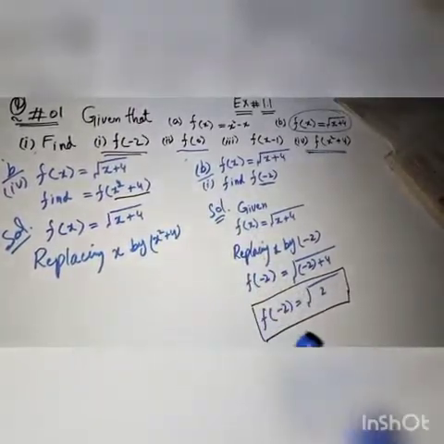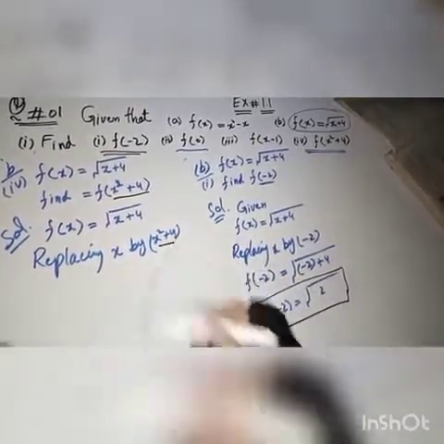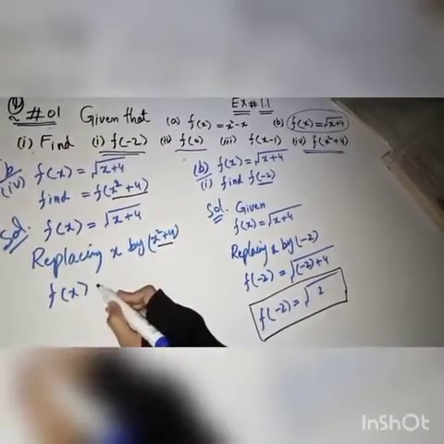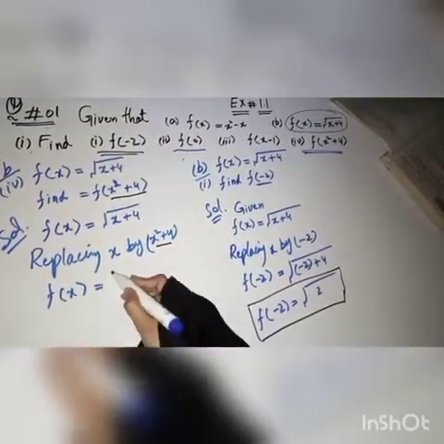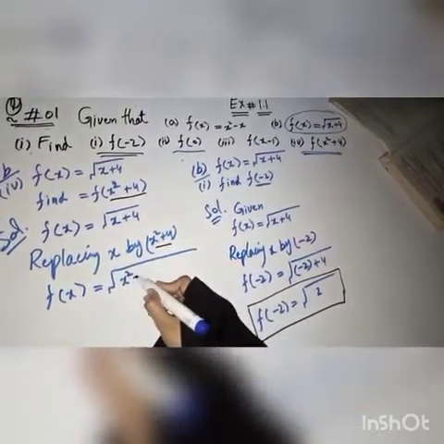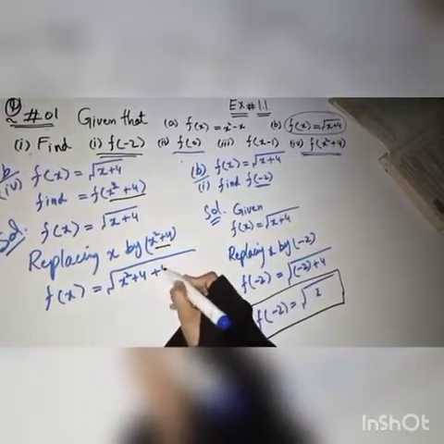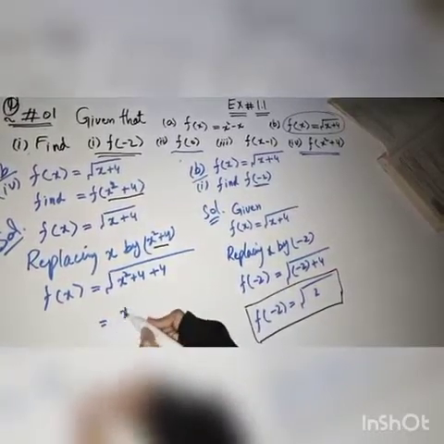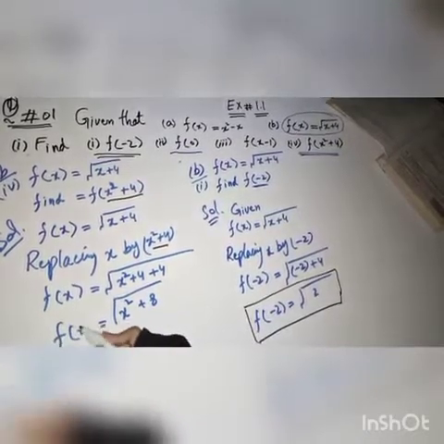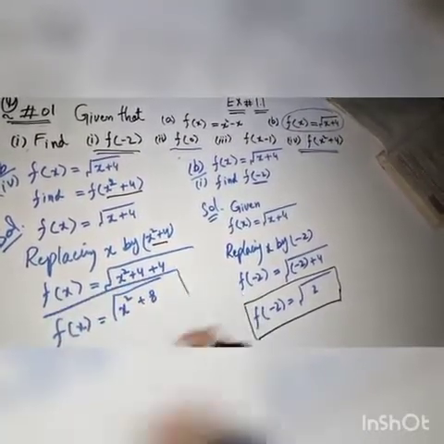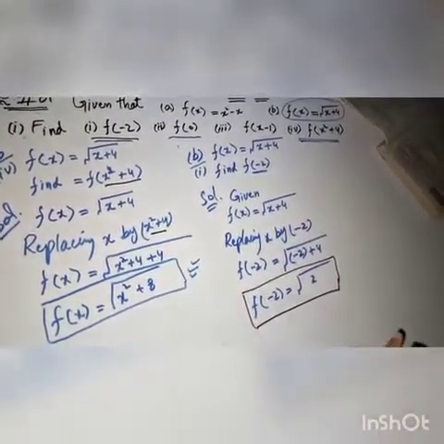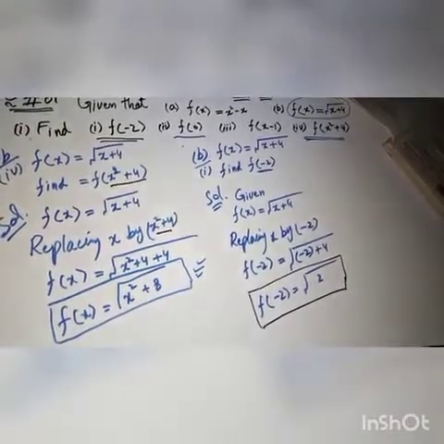Wherever x appears, we have to put this term. F of x is equal to under root as it is, in place of x write x square plus 4 as it is, so this becomes x square plus 8. This is our required solution. Remaining questions have same solution, so try to complete question number 1.